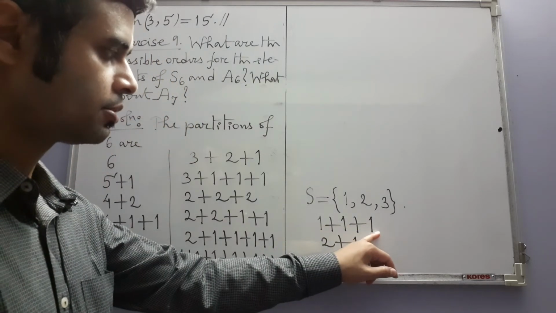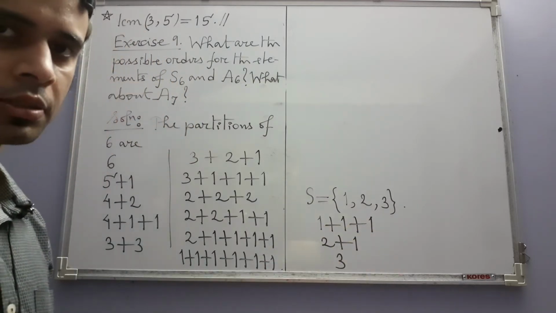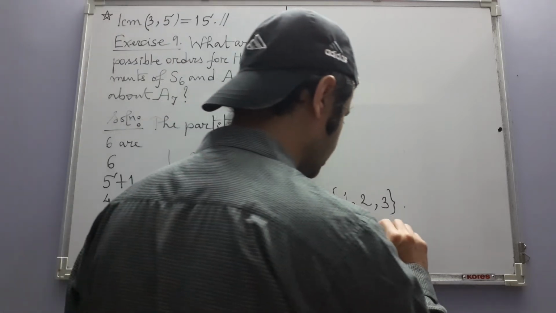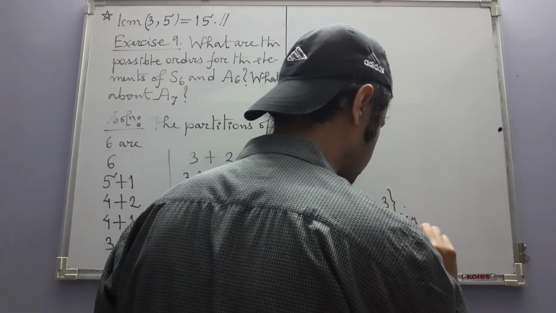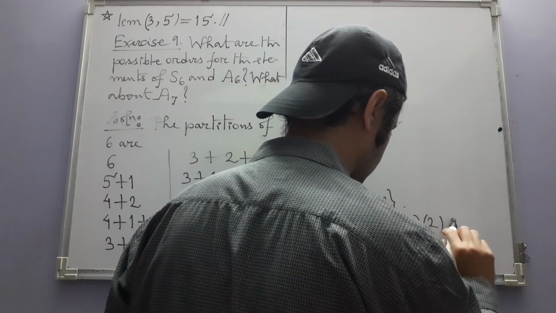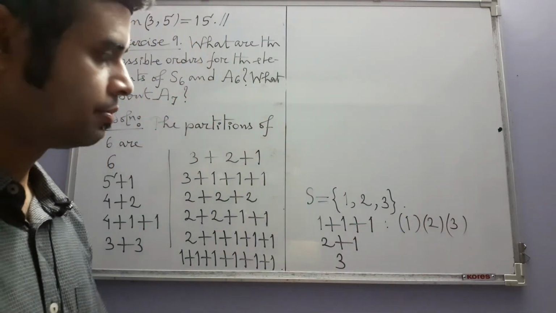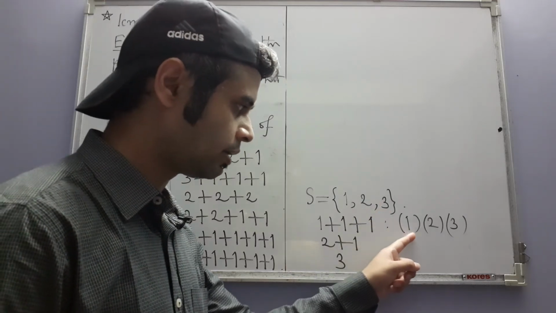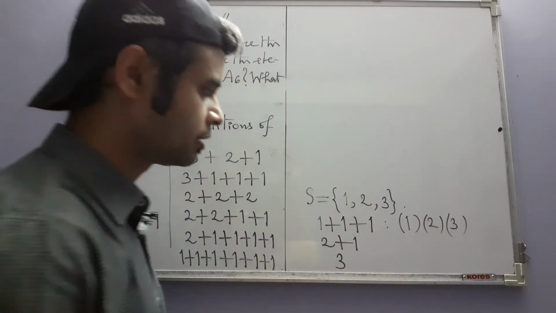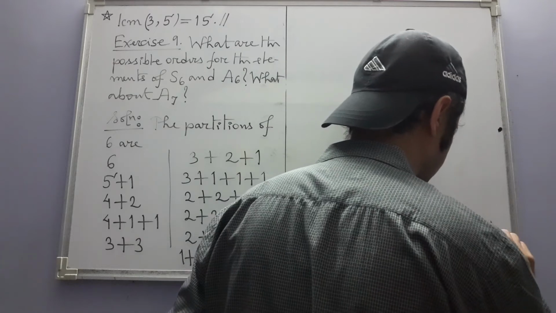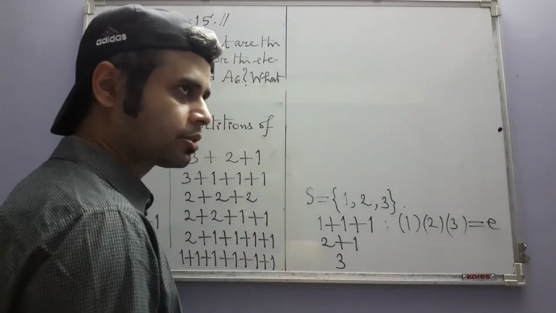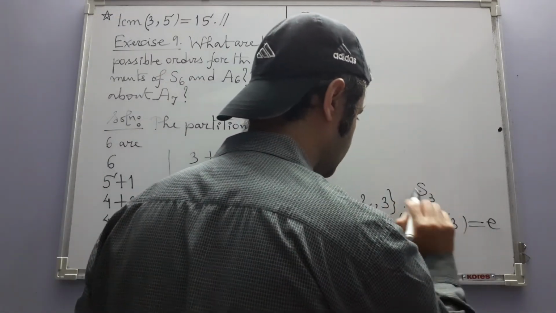This corresponds to the cycle decomposition that looks like this. Each is a one cycle, and in particular this is the identity permutation. It does not change anything. Identity permutation where? In S3.